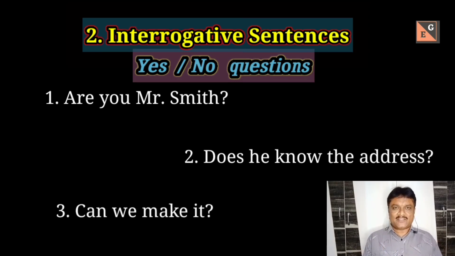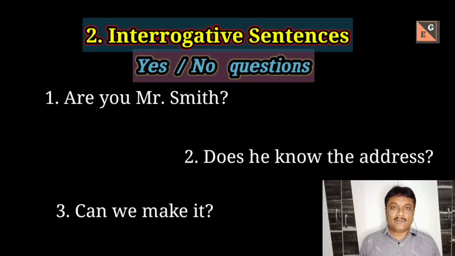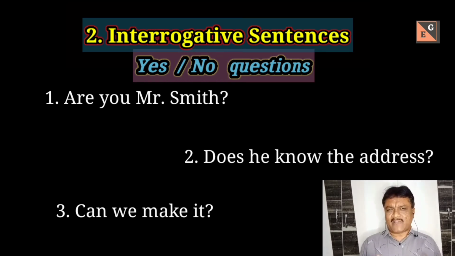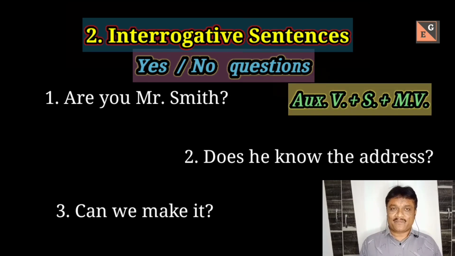Can we make it? All these questions are answered either in yes or no. Well, friends, can you extract the structure from these questions? Well, it's very easy. It is auxiliary verb plus subject plus main verb.